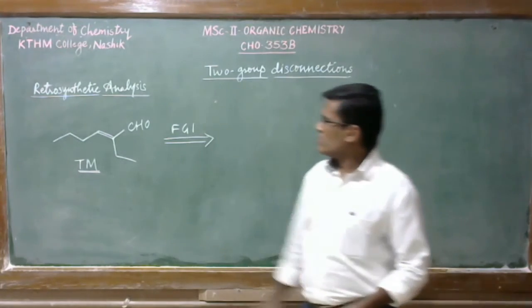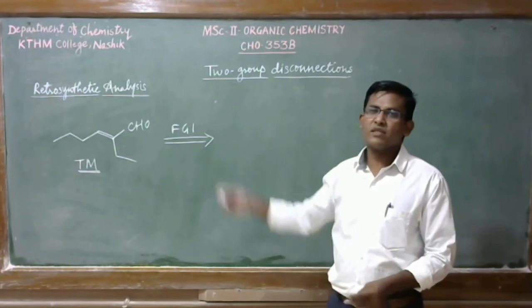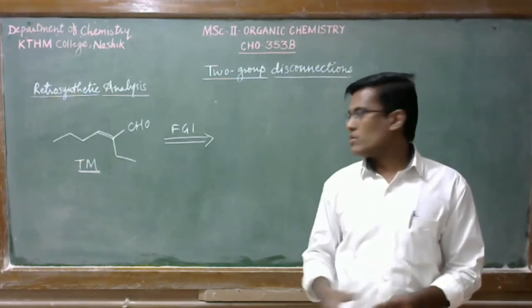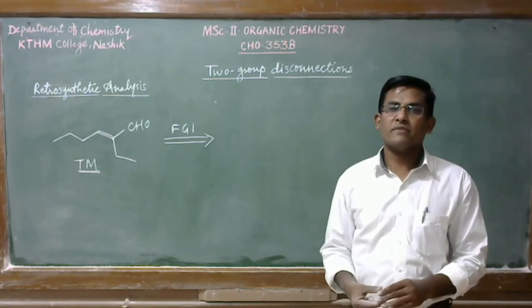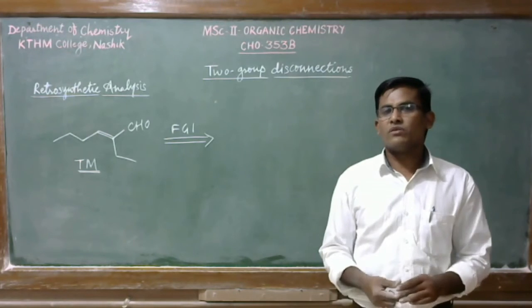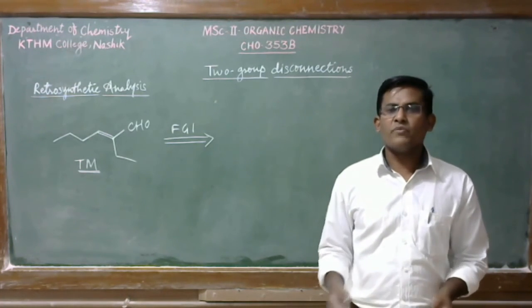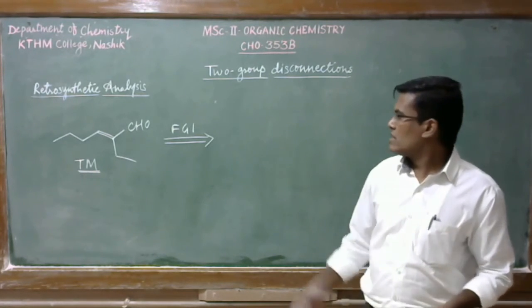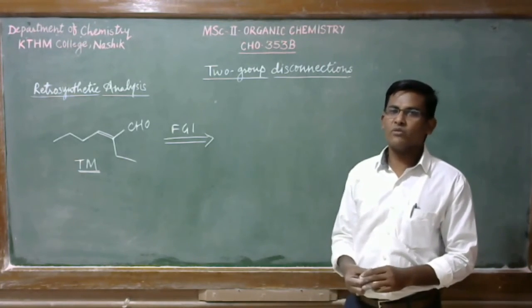When you do the functional group interconversion for this particular alpha beta unsaturated carbonyl compound, we could get the aldol. Functional group interconversion will help to transform one functional group to another to facilitate the carbon-carbon disconnections. Therefore, we can use the functional group interconversion.